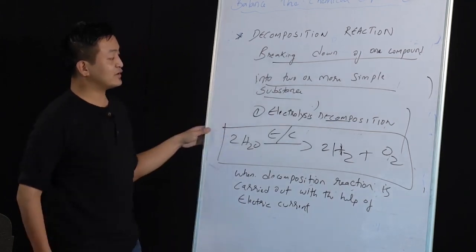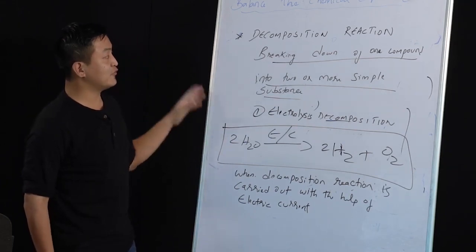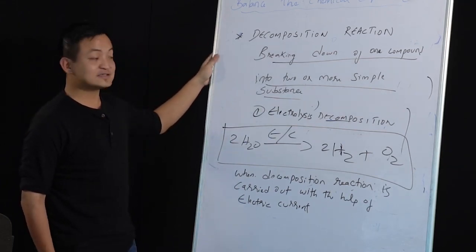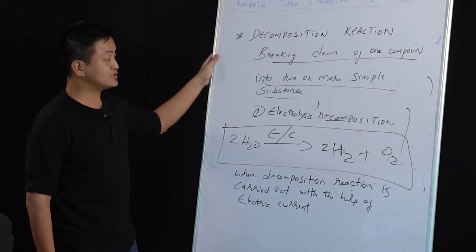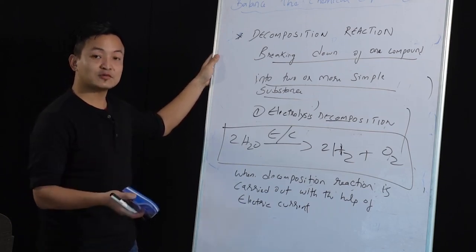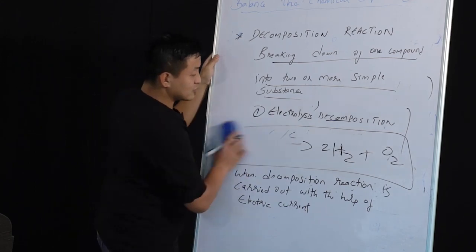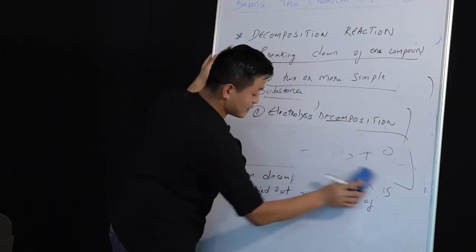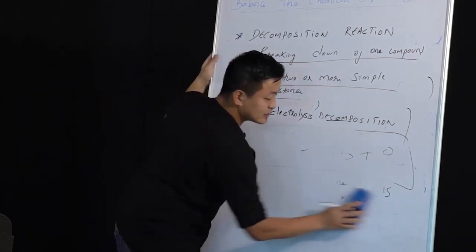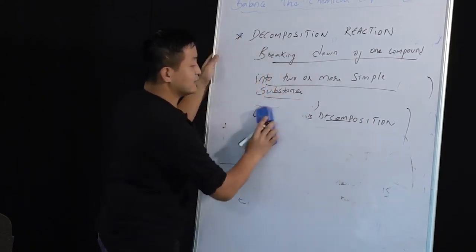Now we have the last type of decomposition reaction, that is photolysis decomposition reaction, that is breaking down with the help of sunlight. So the definition would be very simple.